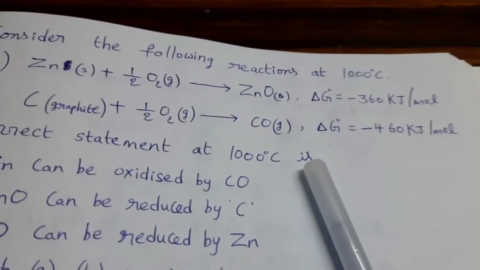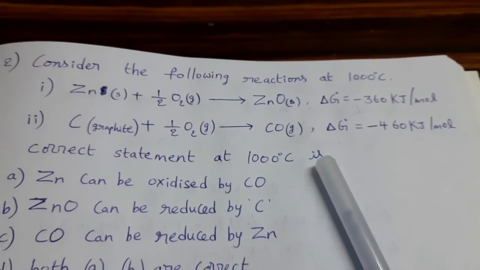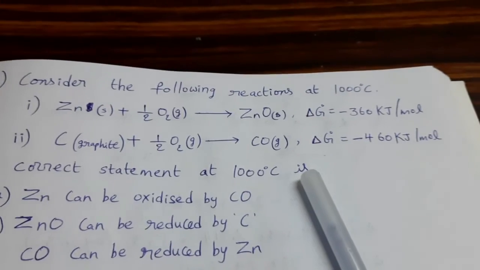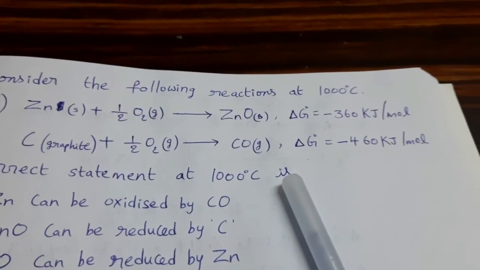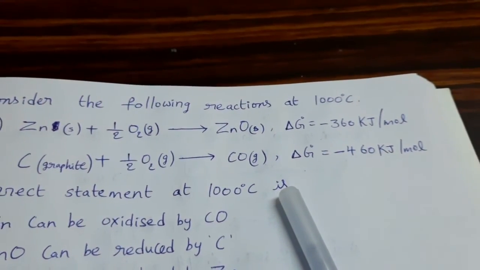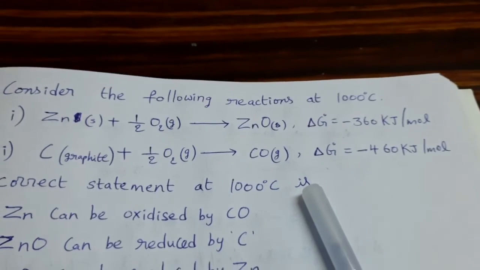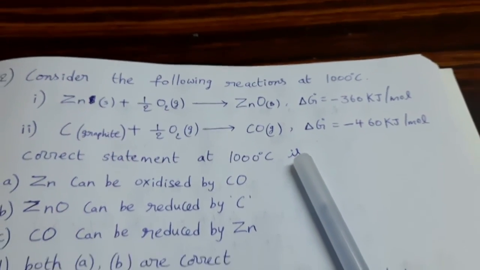For any chemical reaction, the more negative value means the formation of that compound is more favorable compared to the less negative value. Here CO formation ΔG value is minus 460. For the first reaction, minus 360.